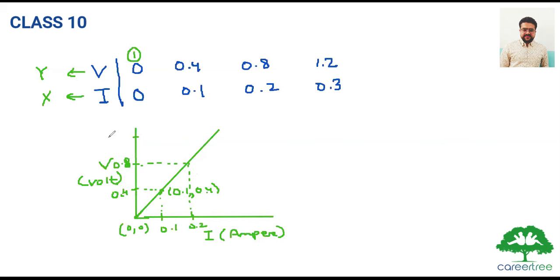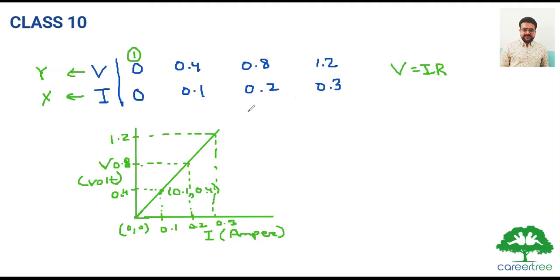And my last point, 1.2, corresponds to a current of 0.3 amp. Now, we know that this graph is a linear line. That would mean it is following Ohm's law, which means V is directly proportional to I, and that means it would follow the formula V equals I into R.